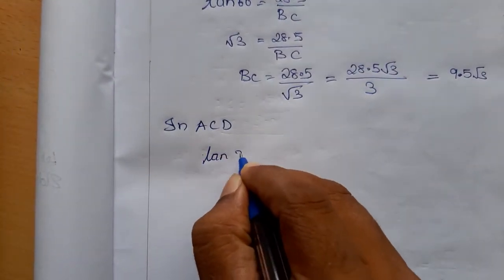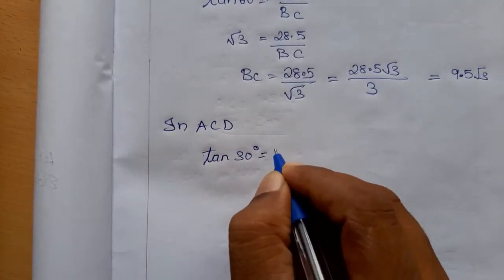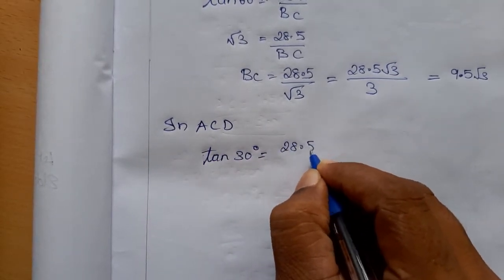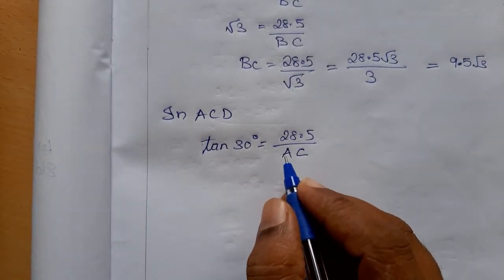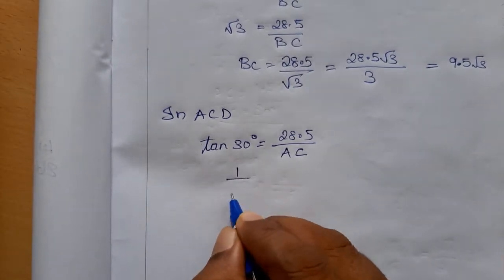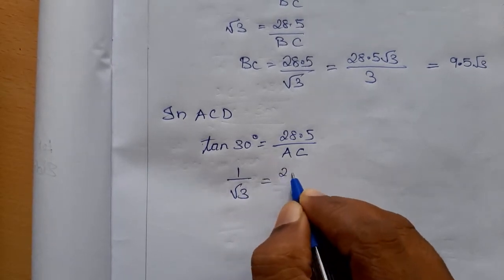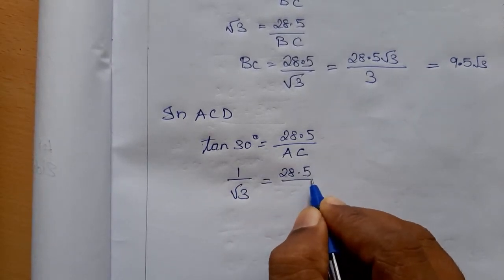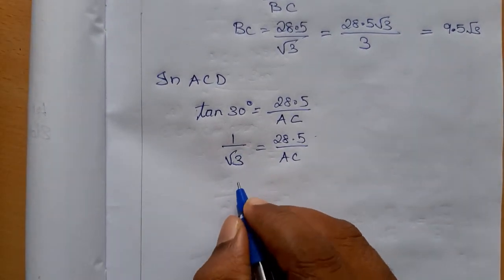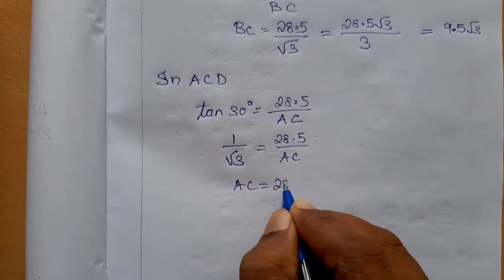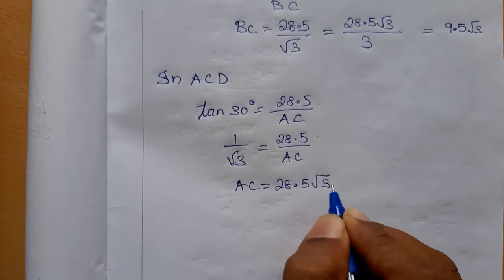So tan 30 degrees is equal to opposite, 28.5, divided by AC, which is adjacent, and we have to find it. So tan 30 is 1 by square root of 3, right? It's equal to 28.5 divided by AC. Let me bring AC here, it will multiply, and here root 3 will be multiplied. So AC is equal to 28.5 square root of 3.